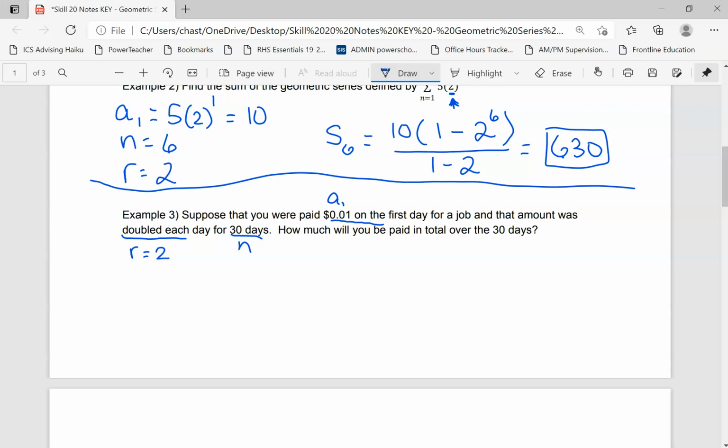Since we know all of our pieces, we're going to do S sub 30 equals our first term, which is 0.01, multiplied by 1 minus 2 to the 30th, divided by 1 minus 2. Use a calculator.